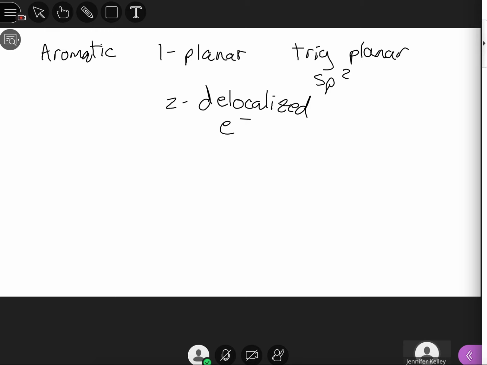And so that would be double, single, double in that pattern. And then it also has to fit this rule: 4n plus 2 pi electrons.